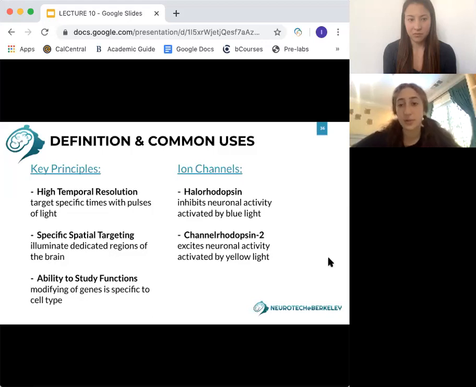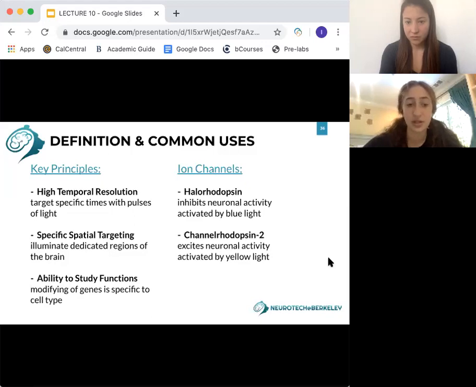The main principles behind optogenetics are high temporal resolution, in which using pulses of light we can target specific times; specific spatial targeting, in which we illuminate certain areas of the brain; and the ability to study functions. Genetic modifications are specific to cell type.